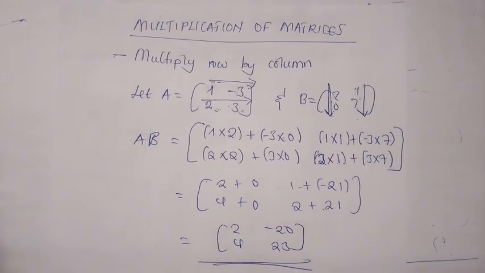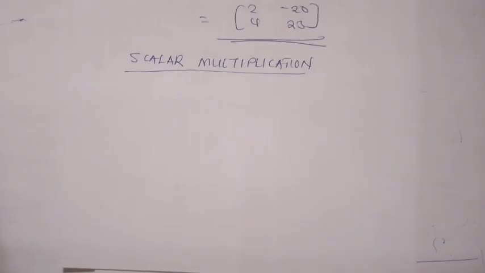Okay, so we go to the next property, and this is scalar multiplication. Yeah, so this one is different from the previous one. Why? Because here we have a scalar in front of a matrix.